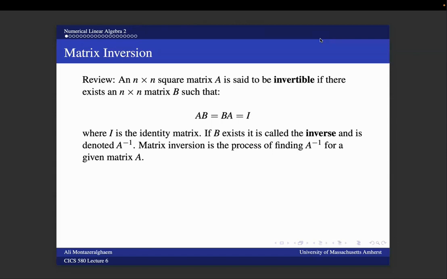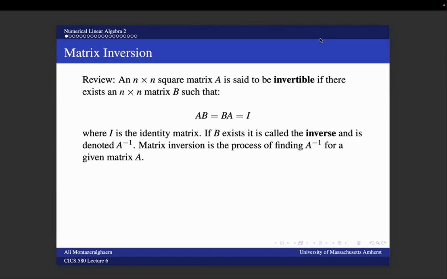If A is invertible, then there is another matrix B with the same dimensions, n by n, such that A times B is equal to B times A, which is equal to I, an identity matrix, which means that we have one on the diagonal elements and zero on the other elements.